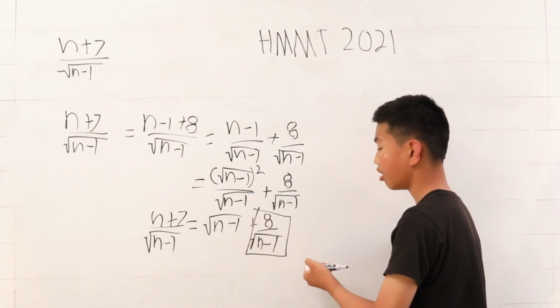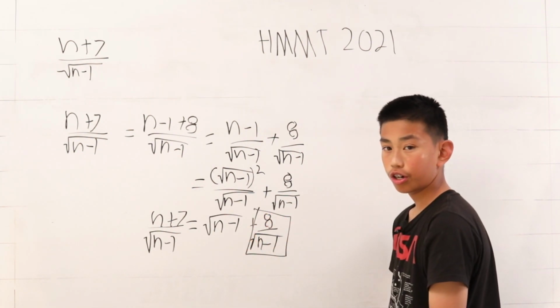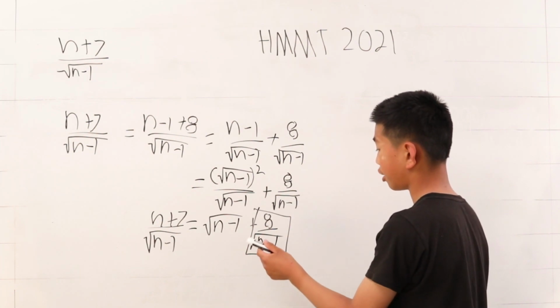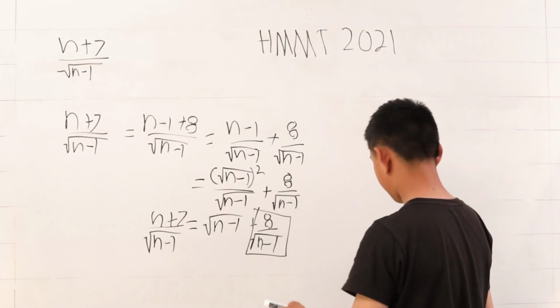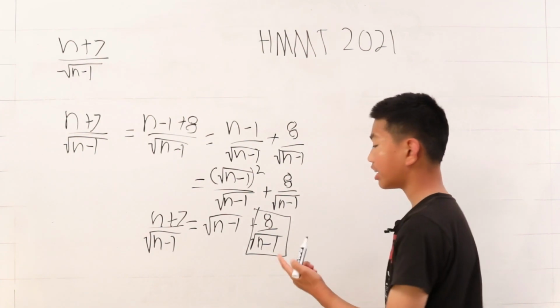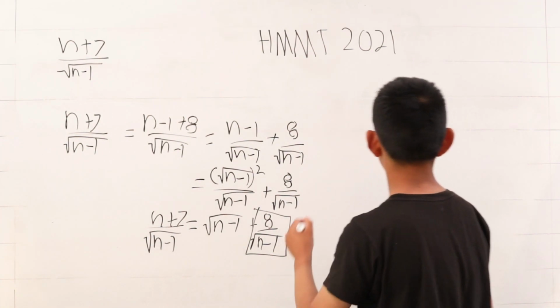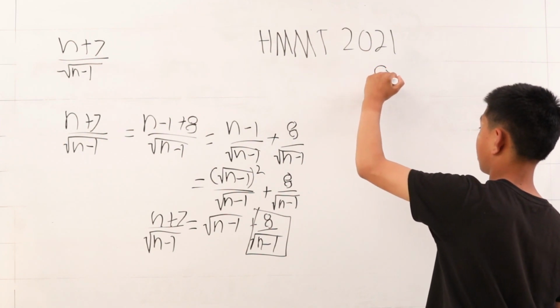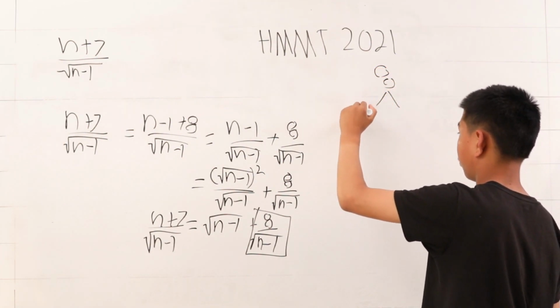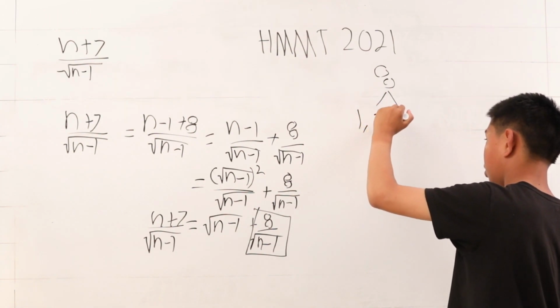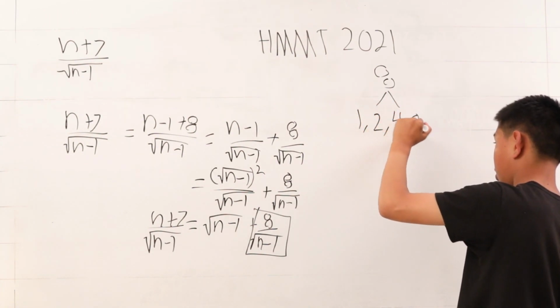It's a fraction. We need that to be an integer, and we are also given that n has to be positive, so therefore the divisor has to be positive. We can list out all the divisors of 8. Let's see. There's 1, 2, 4, and 8.